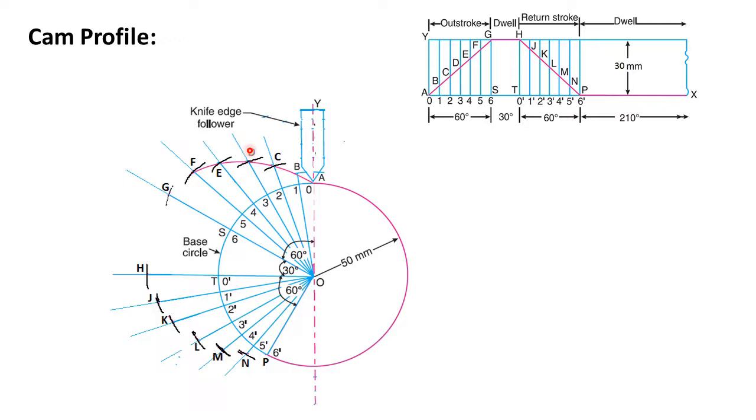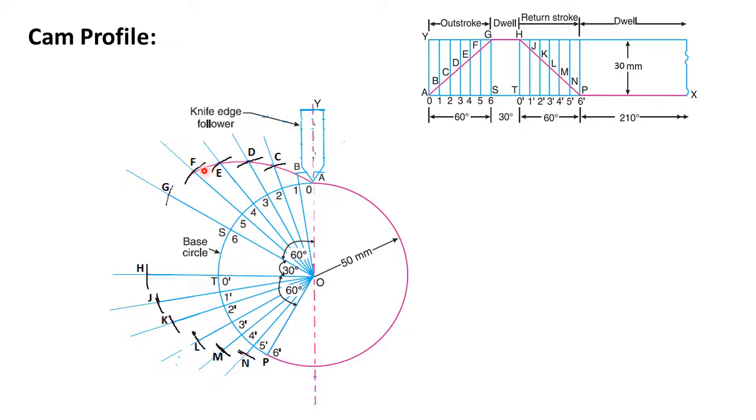If the cam is rotating in the anti-clockwise direction, then you have to do all this construction on the other side, and your curve will be the exact mirror image of this. Because this cam is rotating in the clockwise direction, we have drawn the cam profile in the anti-clockwise direction, as shown here.